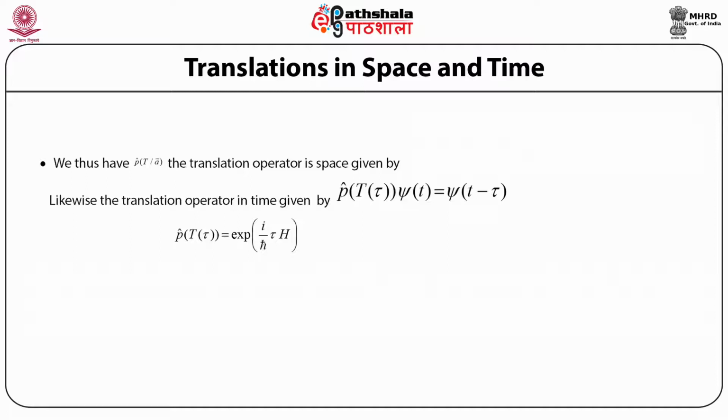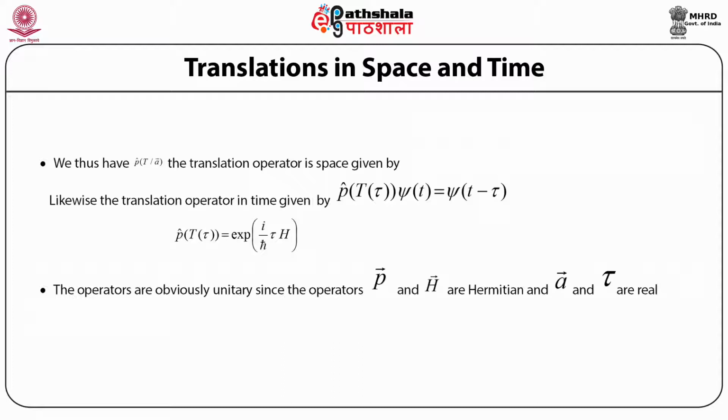This operator in time can be expressed as exponential of i by h cross tau times H. The operators are obviously unitary. Why are they unitary? Because p and H are Hermitian operators and the vector a and the time tau are real. Therefore, the translation operators, both in space and time, are unitary.